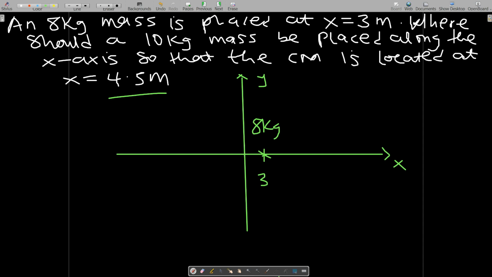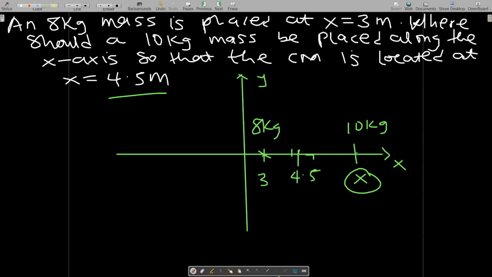So it means that the center of mass is somewhere here. Okay, when you place the 10 kilogram mass at a point somewhere here, so at this point you don't know, so let's call it x, and then the mass here is what, 10 kilograms, but the center of mass is located somewhere here, which is what, 4.5. So what is the value of this x?